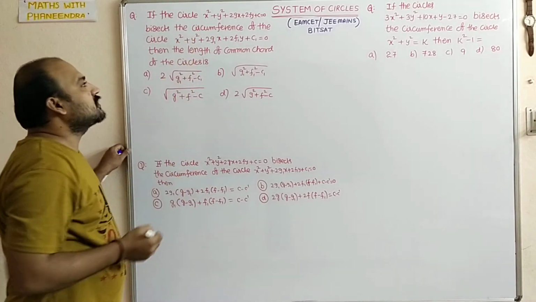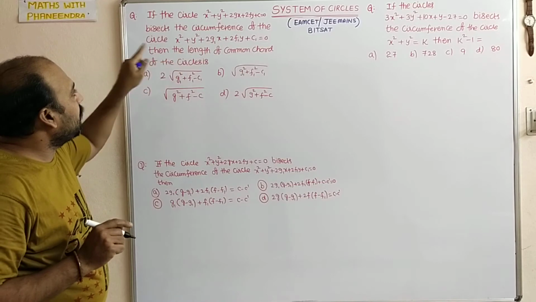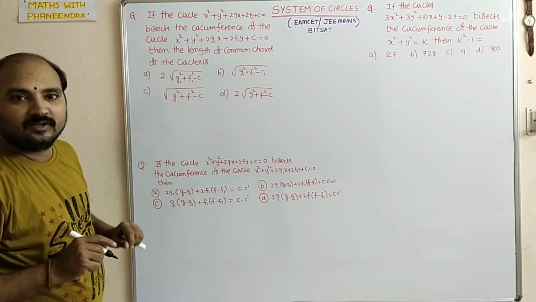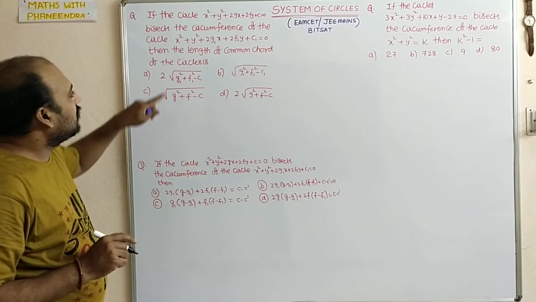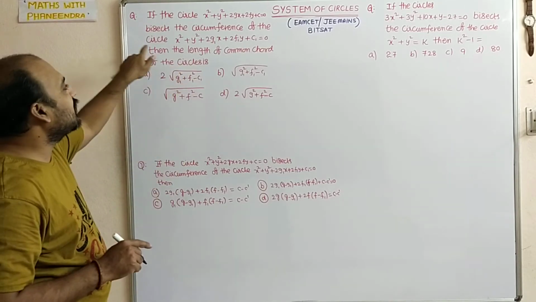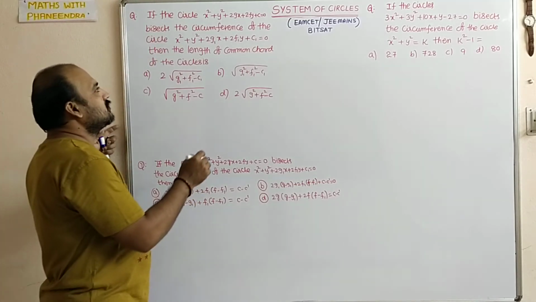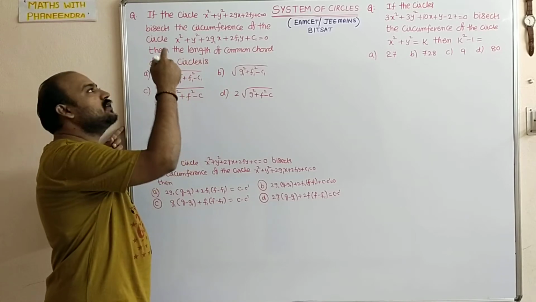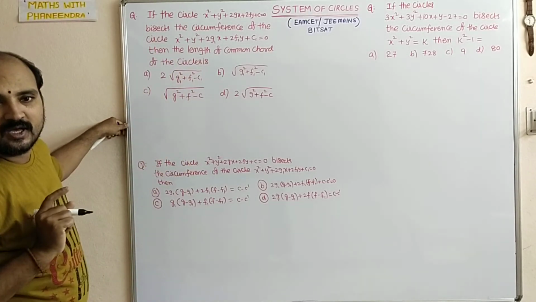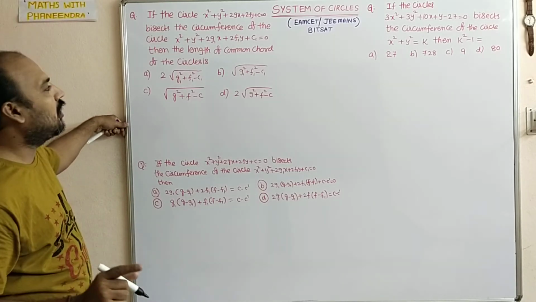First circle, second circle, and here condition is given, if the circle bisects the circumference of the circle, that means the common chord is the diameter of the second circle, you remember that. So whenever the first circle is bisecting another circle, it means the common chord is a diameter of the second circle.